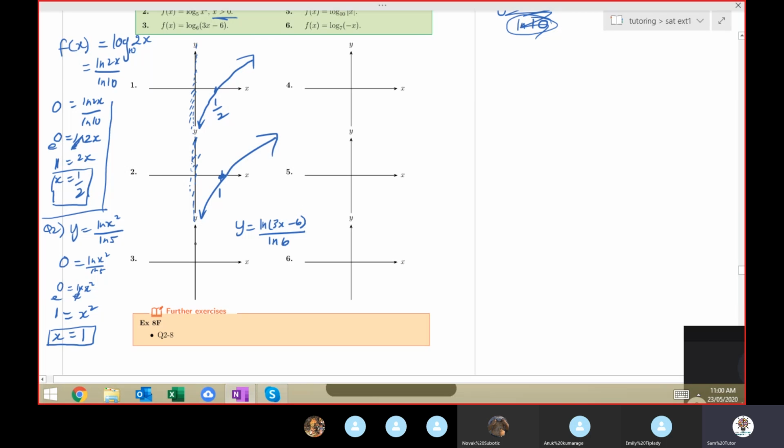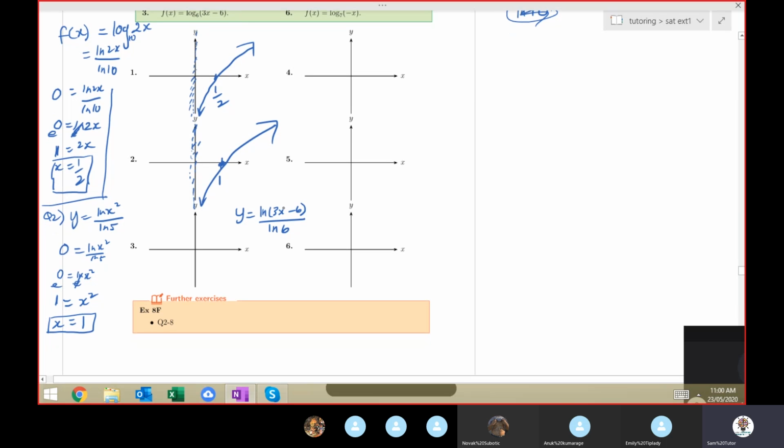So think about what x can't be. So if I can't log 0, what can x not be? It can't be 2, right? Why? You just take that equation in there and solve it. That's what I did. You are correct.